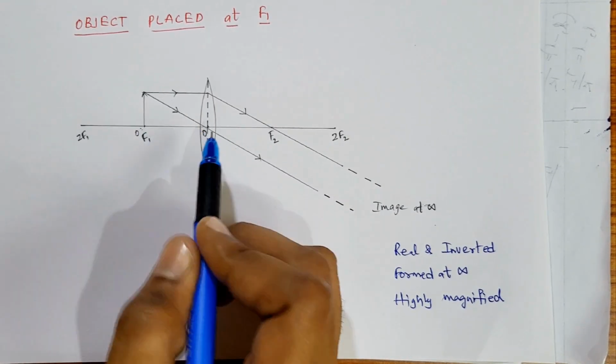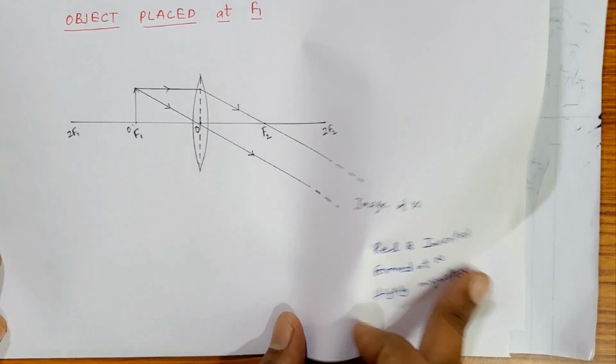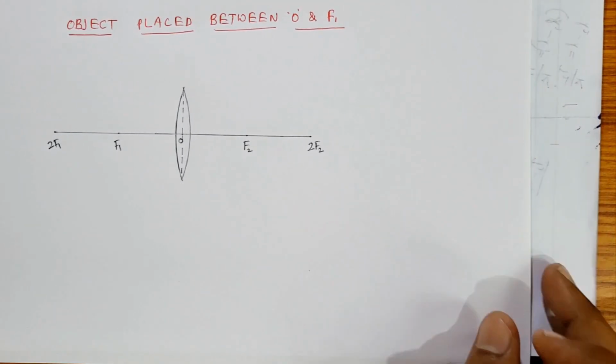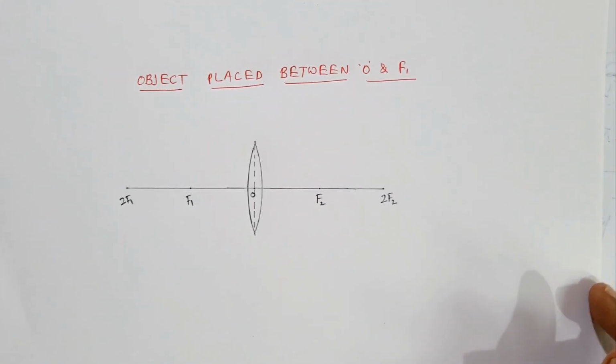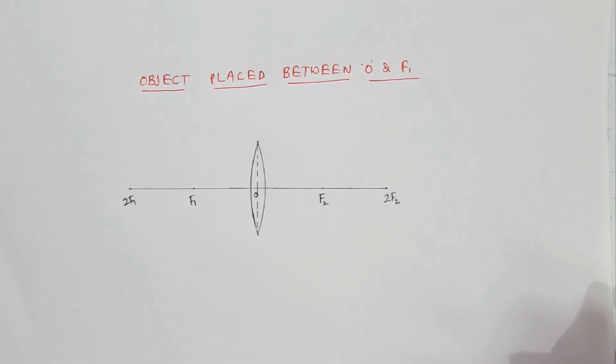Object placed between optical center and f1. This ray diagram, we have to be careful while drawing this ray diagram. Why? Because it will take so much time if you don't know and if you don't take the precautions to be taken. Okay, what are the precautions to be taken?